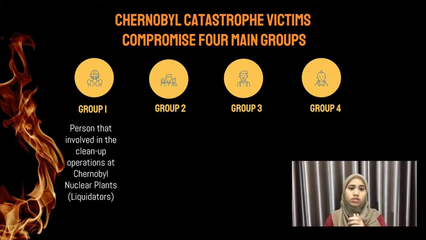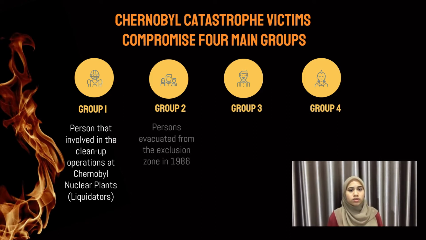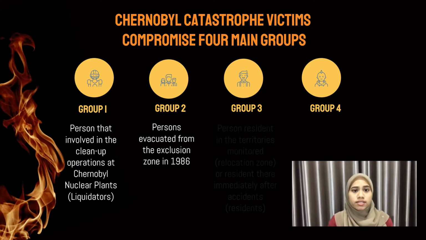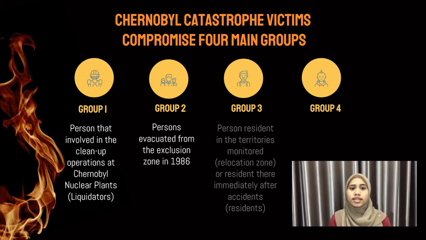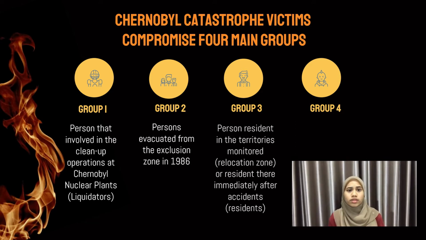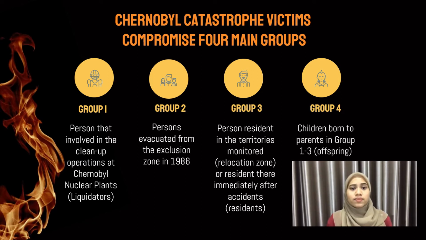The second group are the persons from the exclusion zone in 1986. The third group are the persons who resided in the monitored territories, or resided there immediately after the accident. The last group are the children born to parents in the first to third groups.